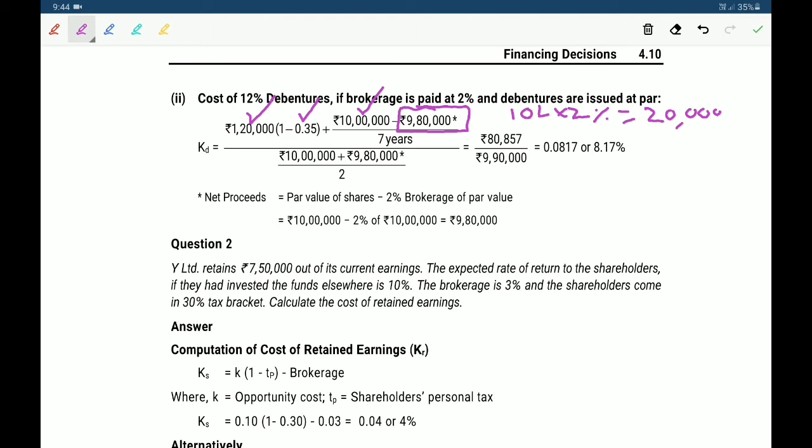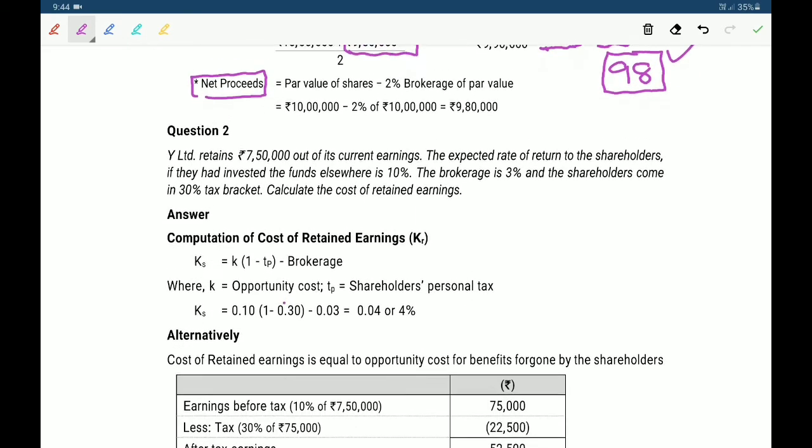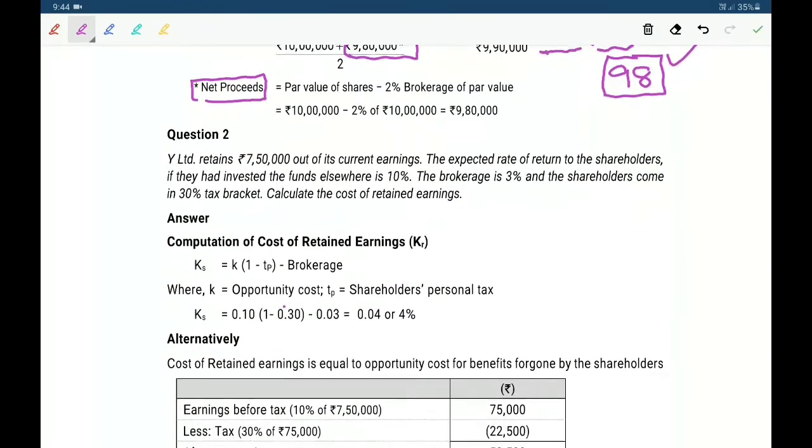First we calculate from one debenture value, so now 98 rupees is the one debenture value. The remaining are the same, no change. It gives 0.0817, or 8.17%. This is the rapid revision class, so we only discuss conceptual clarity with problem understanding. The remaining problem is the same.